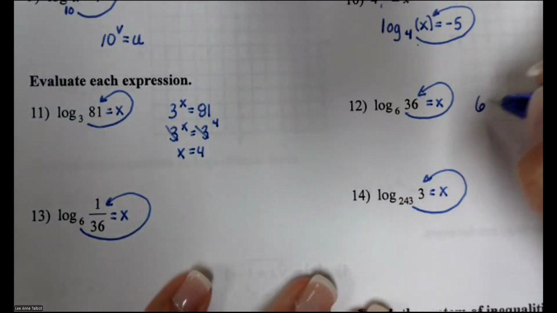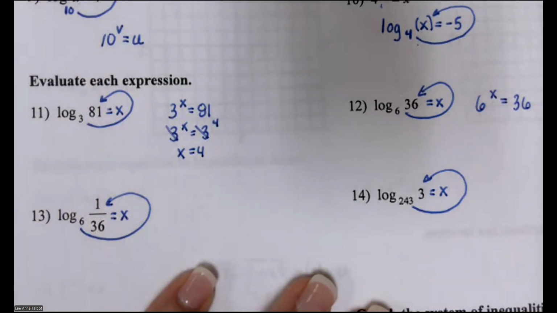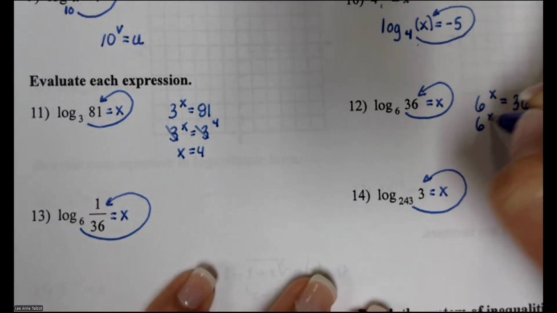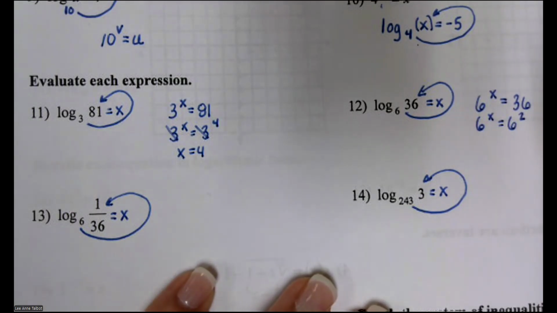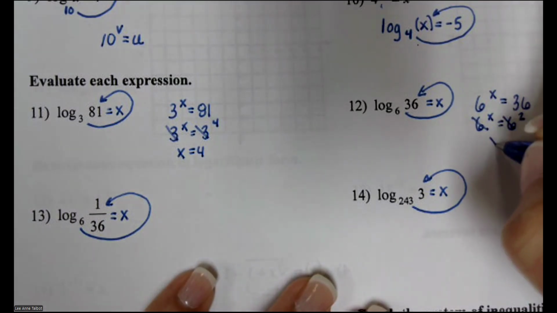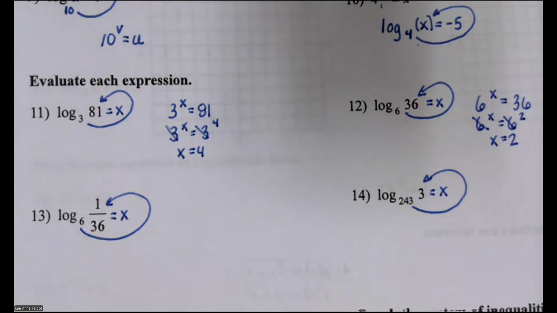My freshmen did this one today. 6 to the x equals 36. 6 to the x equals 6 squared. They did not do the log problem. They just did 6 to the x equals 36, and they nailed it.